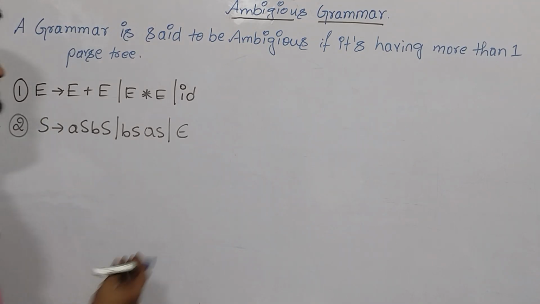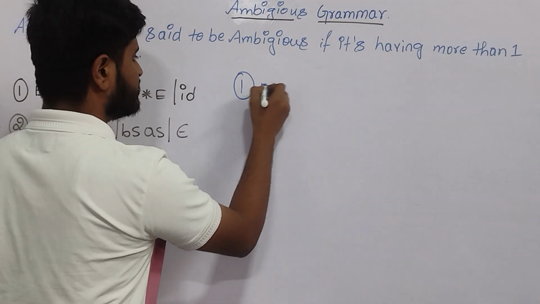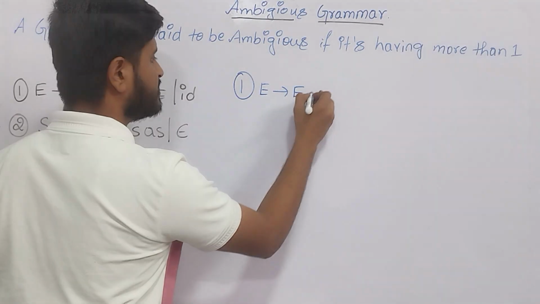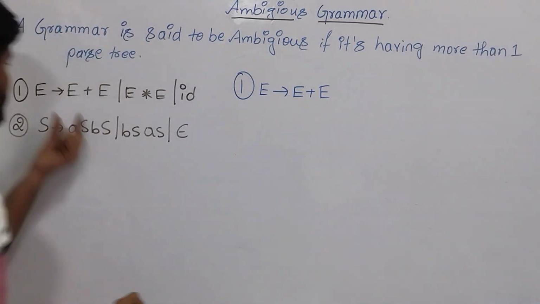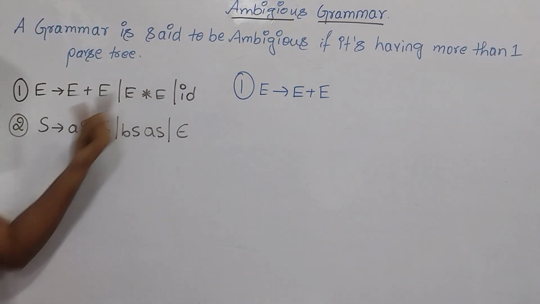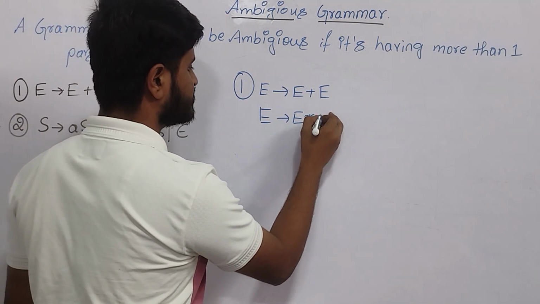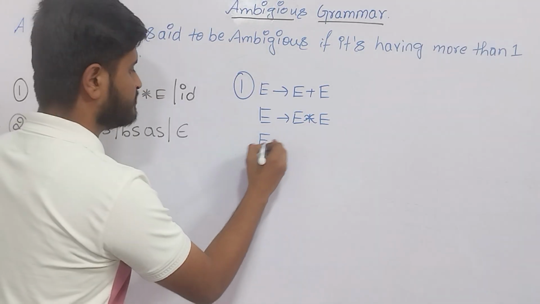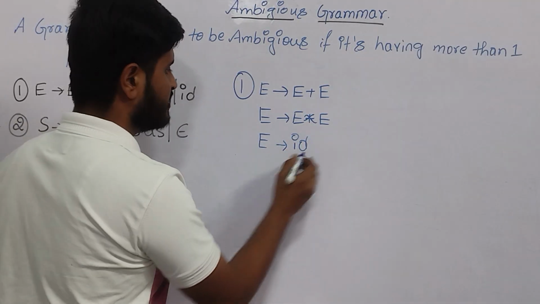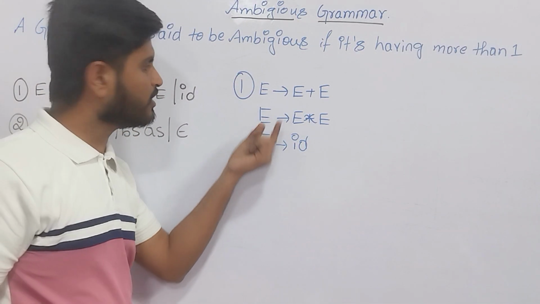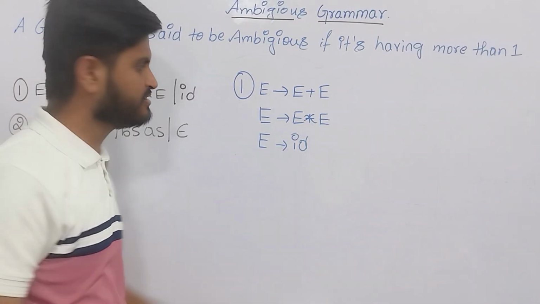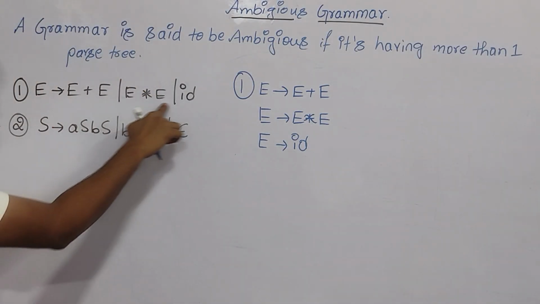Let me take the first one. E producing E plus E, E producing E star E, and E producing ID. Since the left hand side is the same for all three productions, it can simply be written in a single line.